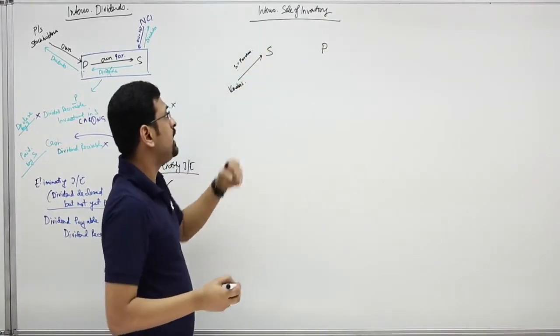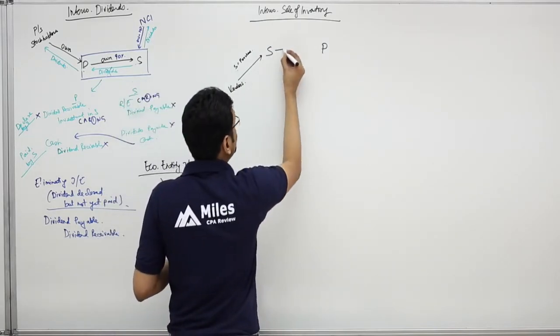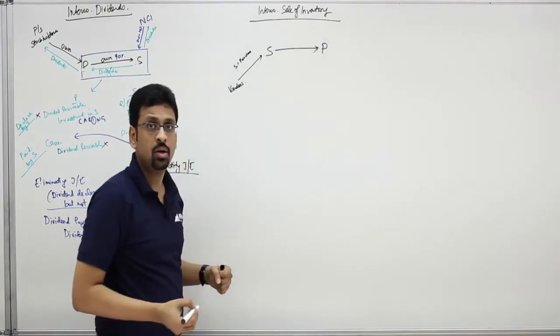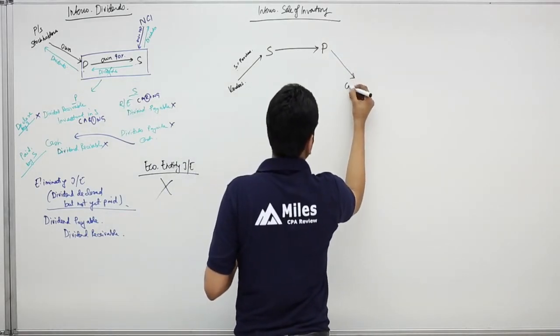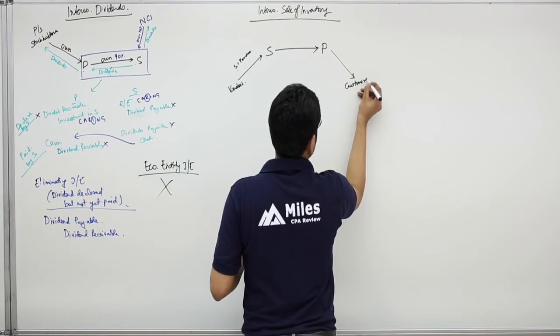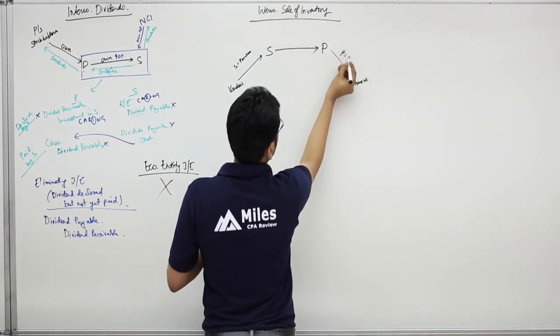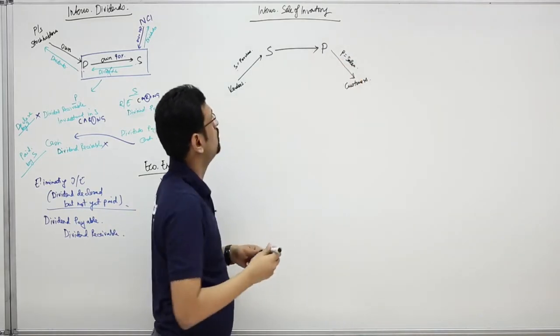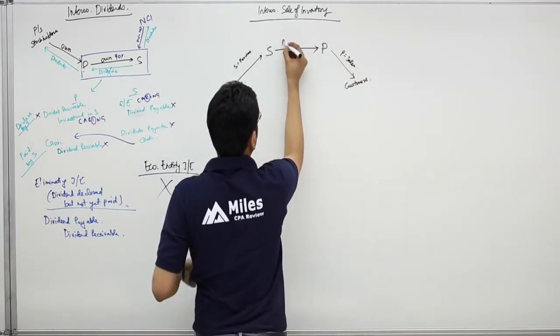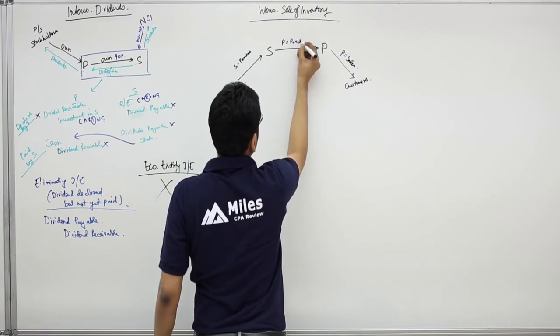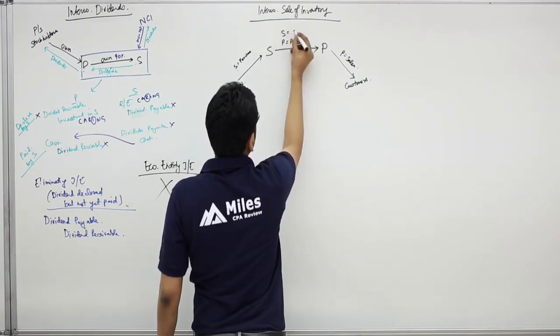And what the subsidiary does is they sell these goods that they have purchased to the parent. And the parent sells it to outsiders, customers. Now, when this transaction is happening, for the parent, it's a purchase. For the sub, it's a sale.